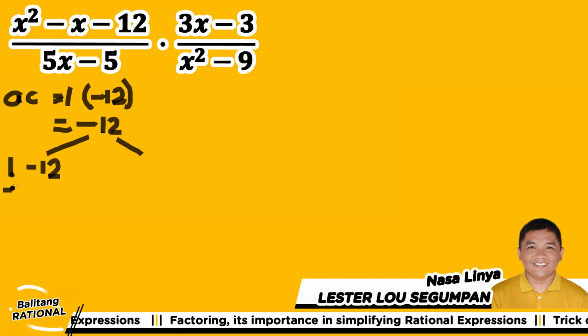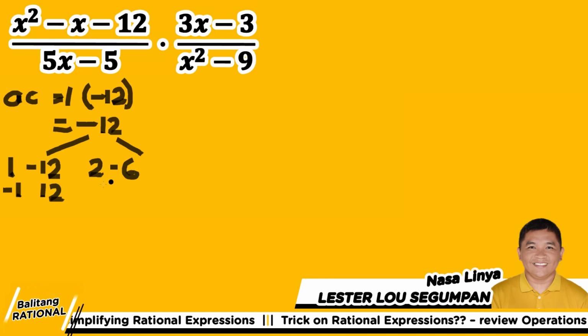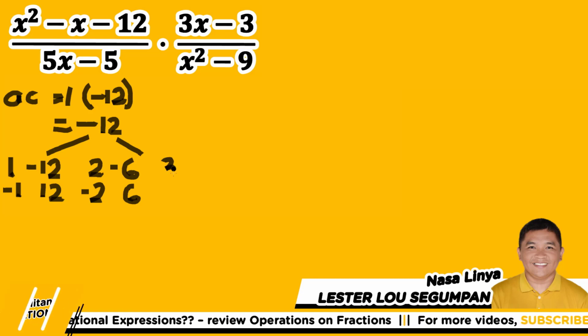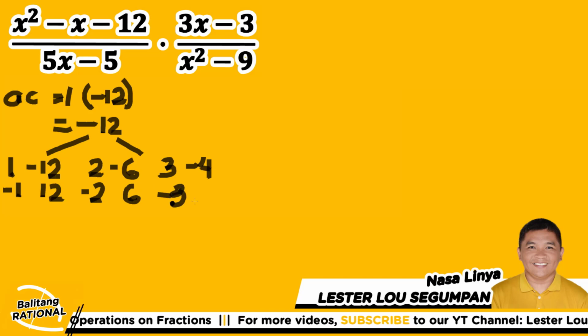Pwede din negative 1 at saka positive 12. We could also use 2 and negative 6, and then negative 2 and 6. And then we also have these pairs. Meron din tayong 3 at saka negative 4, and meron tayong negative 3 and 4.